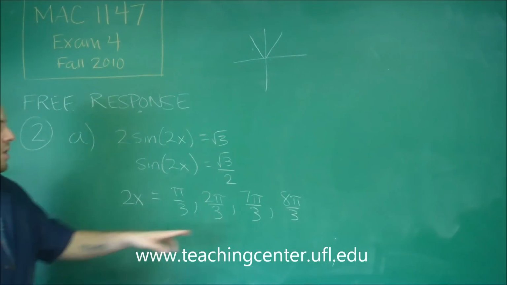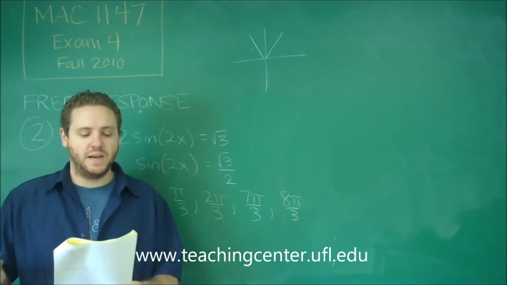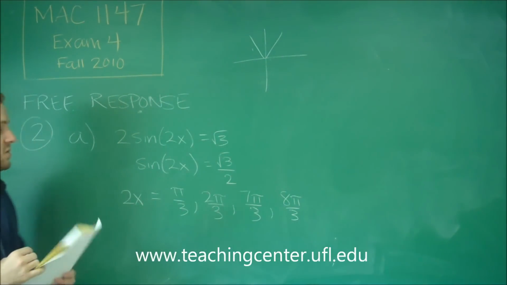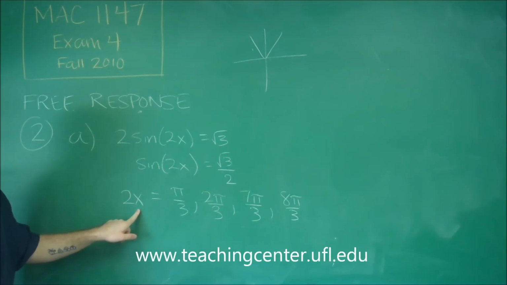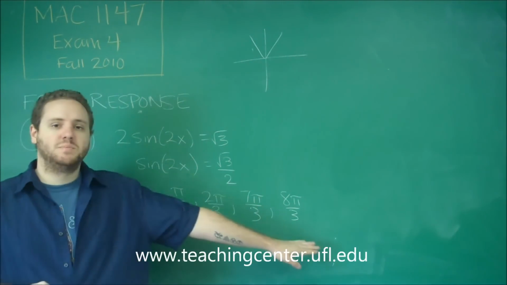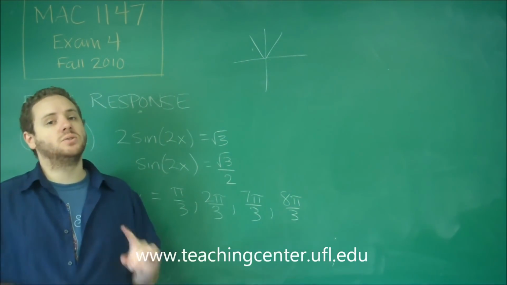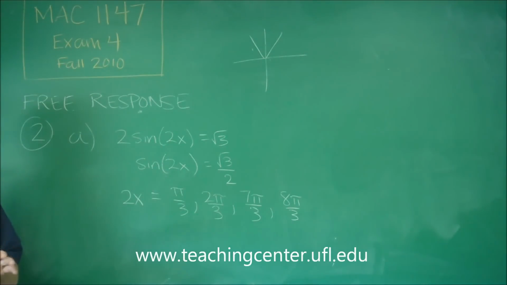So you might be wondering, well, how can we use these? They're outside of 2 pi. We actually don't have the answers yet because our correct answers are when we divide all of these by 2. When we divide them by 2, they will be in our rotation, and that's what matters about that.